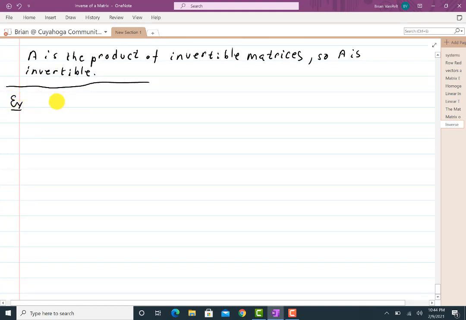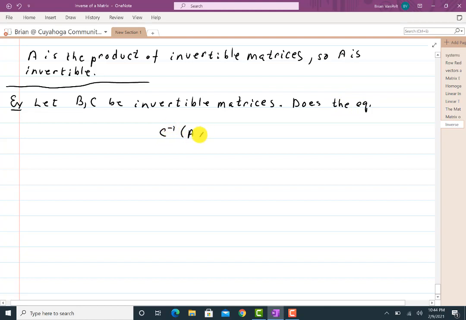Example, let B and C be invertible matrices. Does the equation C inverse (A plus X) B inverse equals... suppose that I have that equation there.